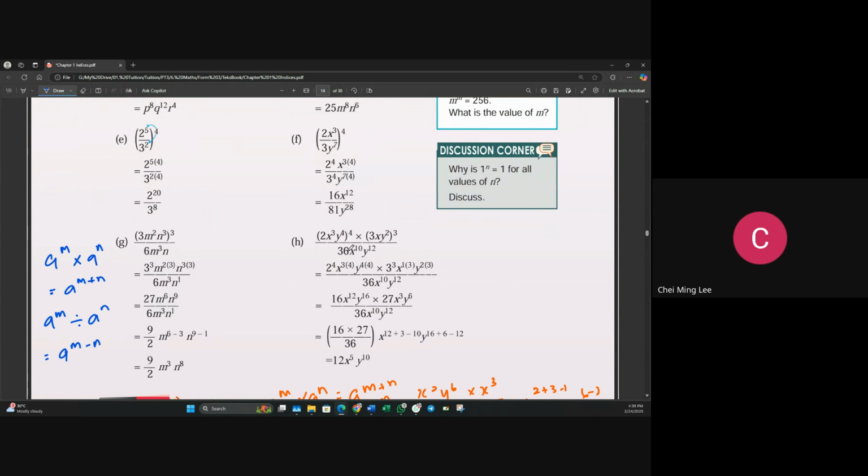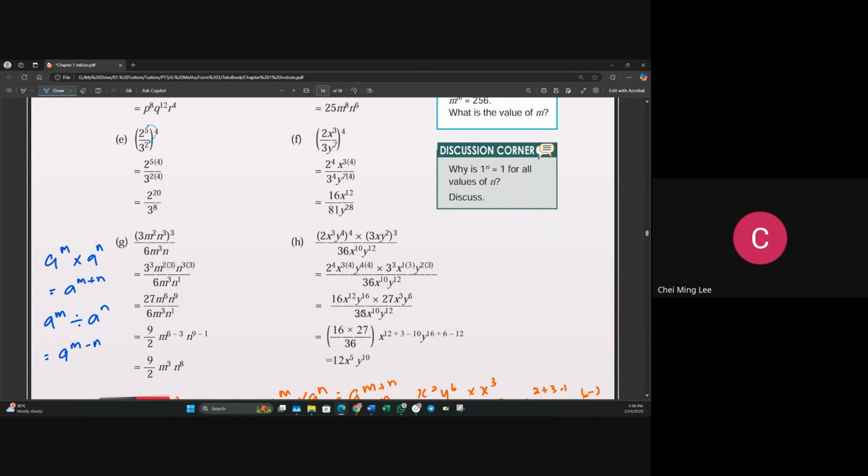So what we do here is we try to solve the top side, then we compare. So for this one, 2 to the power of 4, which is 16, x to the power of 3 times 4, which is 12, y to the power of 4 times 4, which is 16. Then multiply by 3 to the power of 3 is 27, x to the power of 3, y to the power of 2 times 3, which is y to the power of 6, divided by this one.